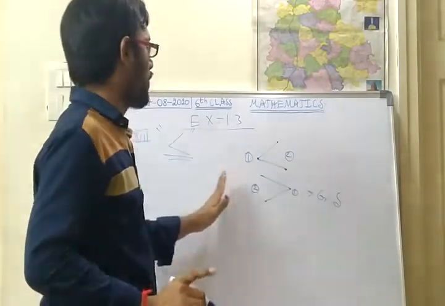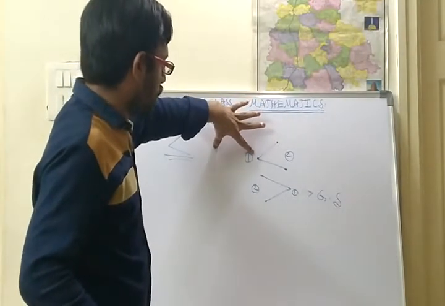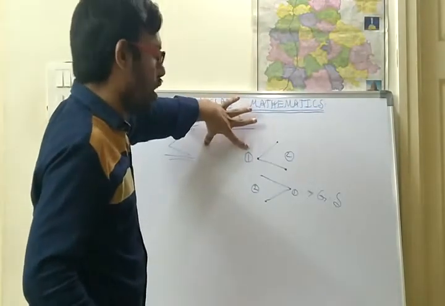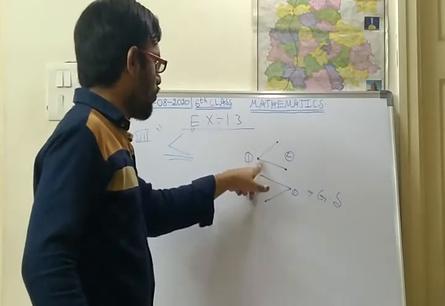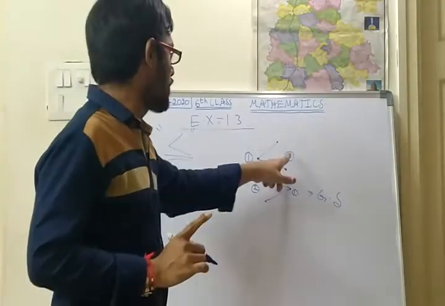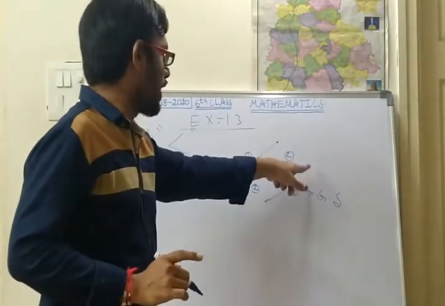Listen carefully, children. Here at the left side we should write a smaller number, because only one dot is there, and on the other side two dots are there. 2 is greater than 1.